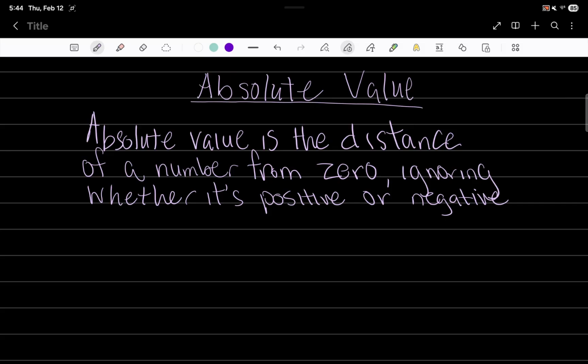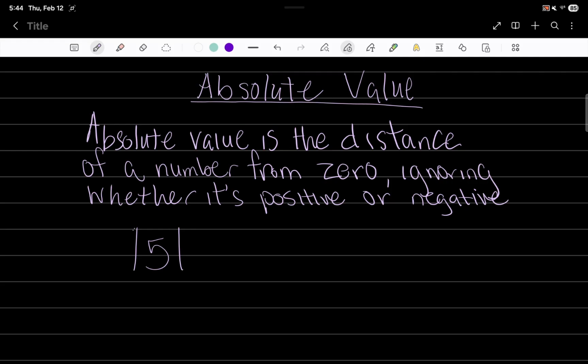And I know in the last video we went over positive and negative numbers, so I'm not really going to touch on that too much in this one. So, for an example, the absolute value symbol is 2 lines and it goes around the number.